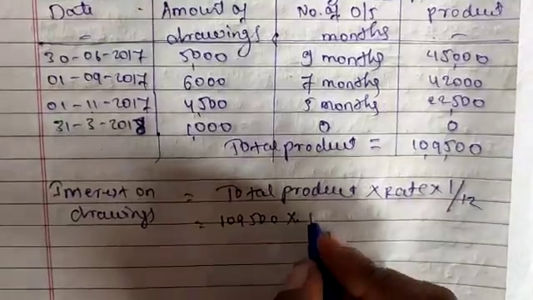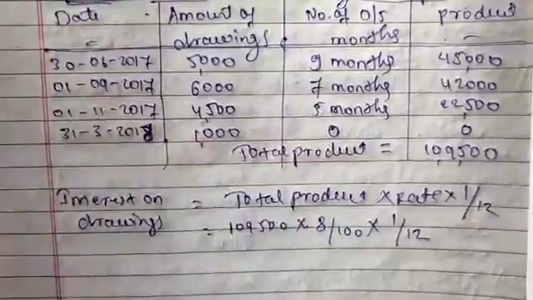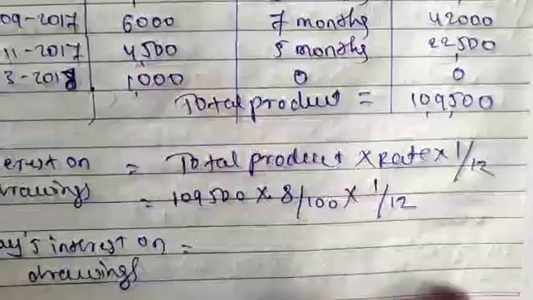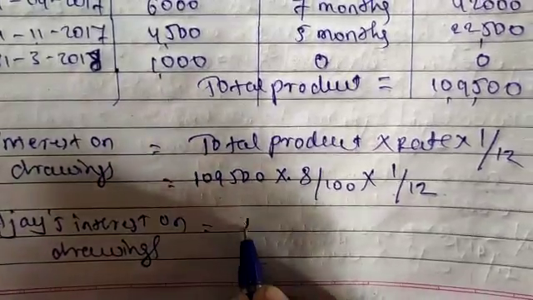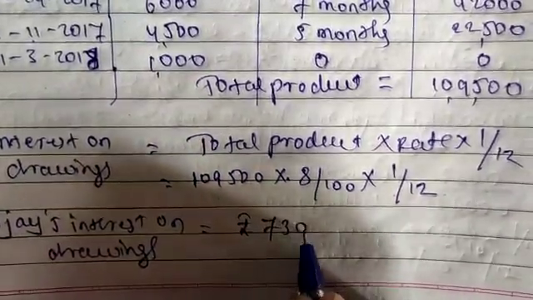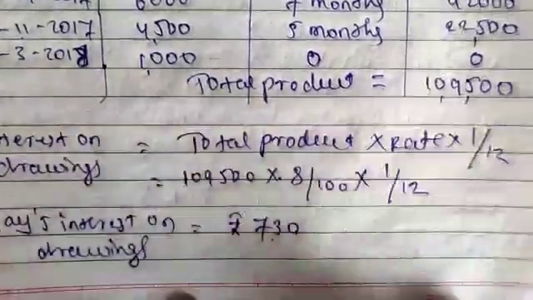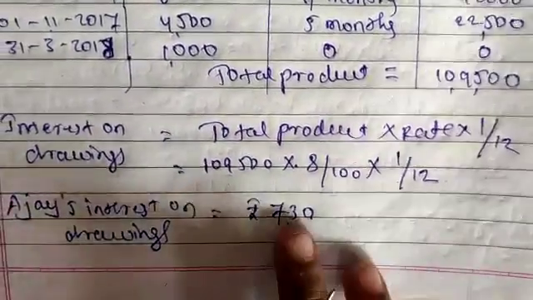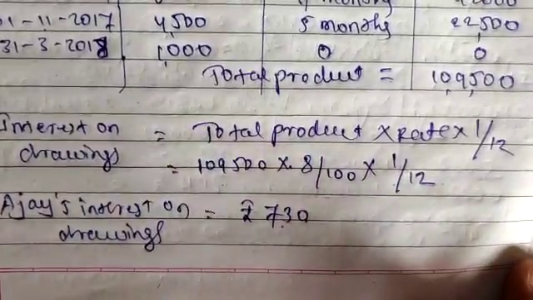Rate is 8% per annum and 1 divided by 12. So next line, Ajay's interest on drawings equals rupees 730. To confirm this amount, calculate it by the calculator and clarify this one, 730. So this is Ajay's interest on drawings.